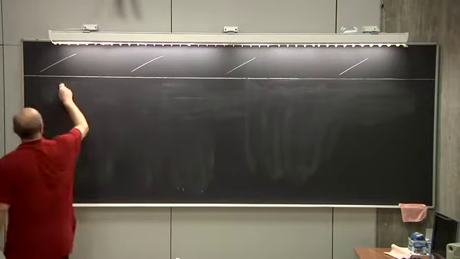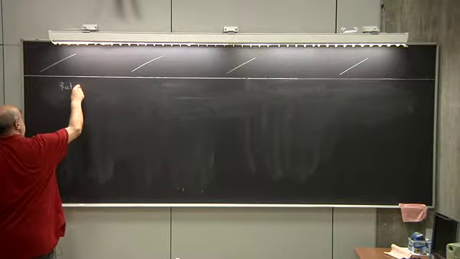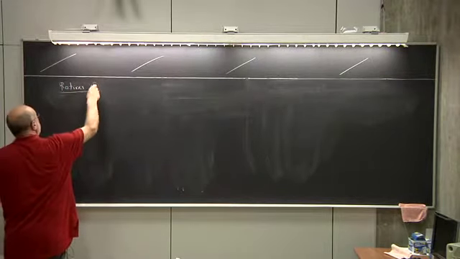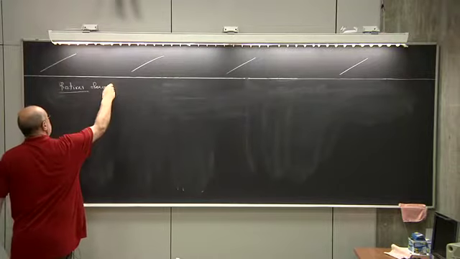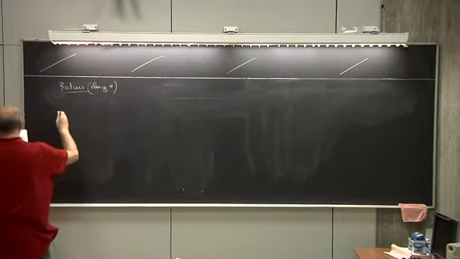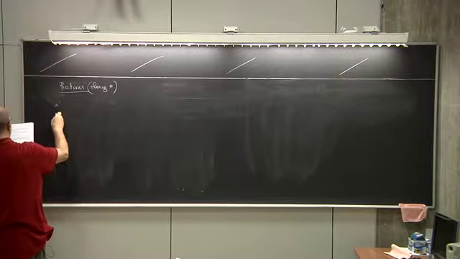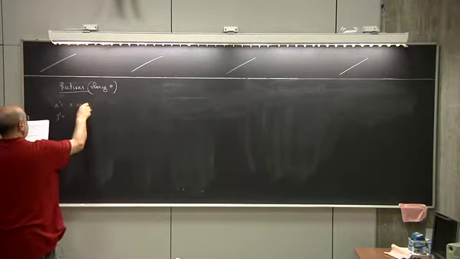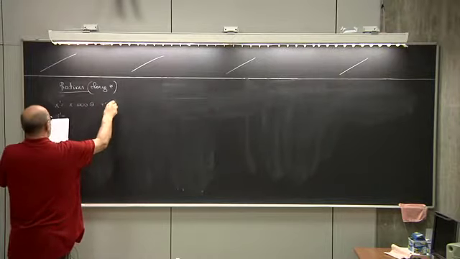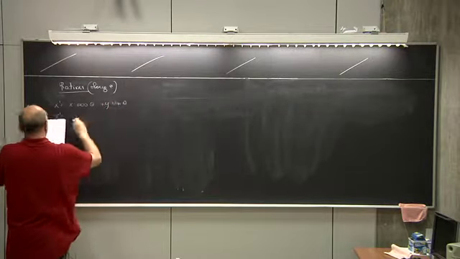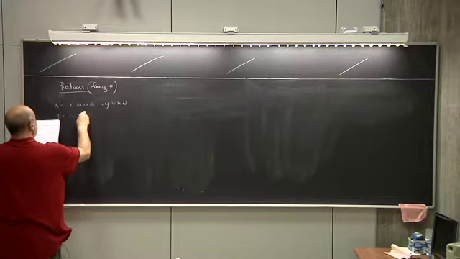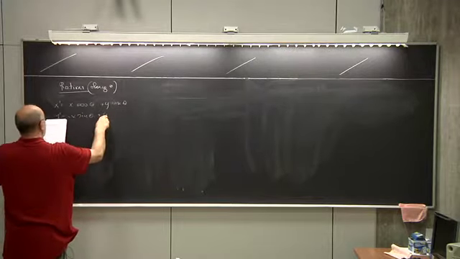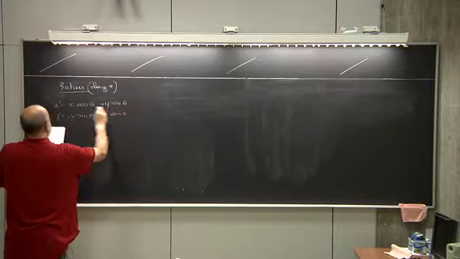I said, let's take rotation along Z. And we know that under rotation the X and Y change in this manner: X cos theta plus Y sin theta, minus X sin theta plus Y cos theta.